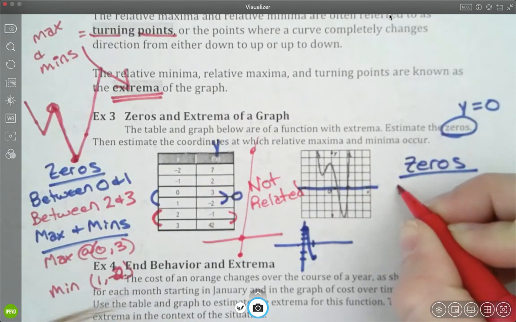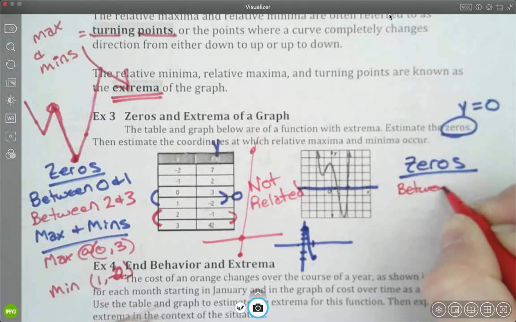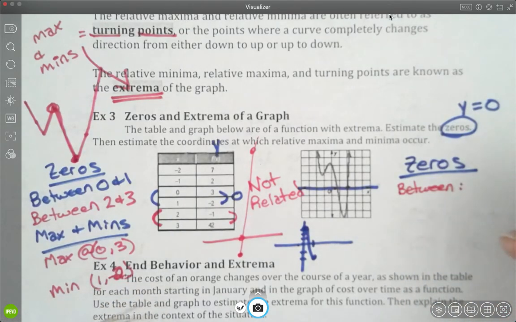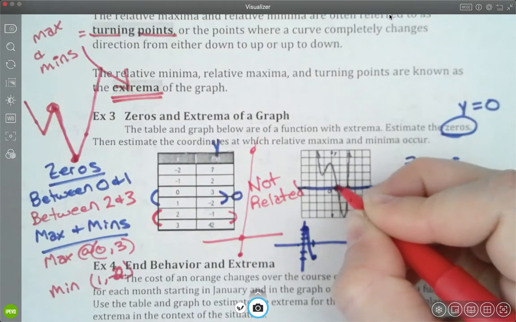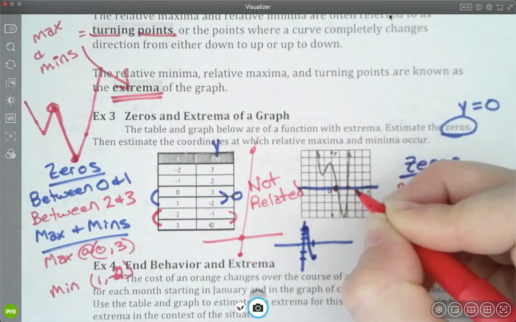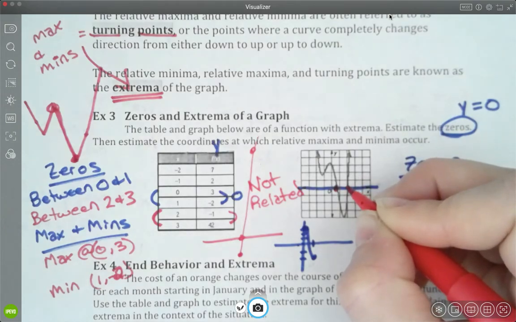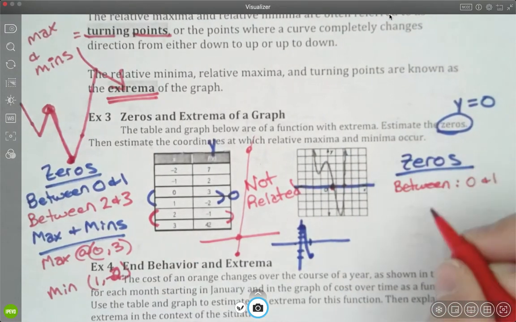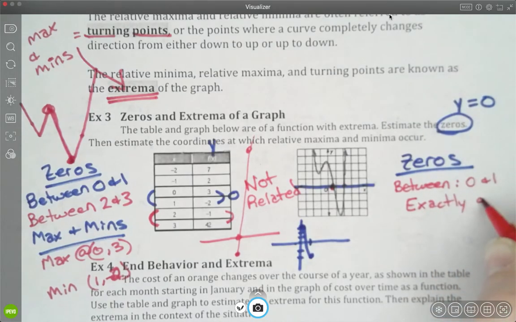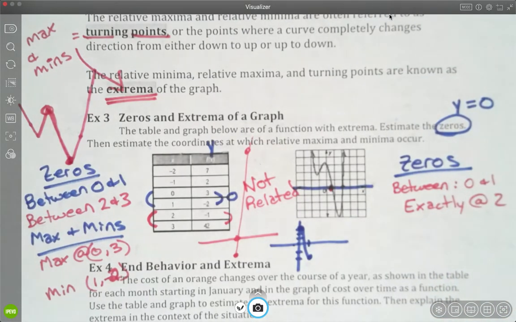Now, he's crossing between where and where? Between 0 and 1, right? That's this point right here. That's between 0 and 1. Okay, and then where else is he crossing? It looks like he's crossing on exactly 2. Exactly at 2 on the x-axis. Does that make sense? Those are places where he's crossing.